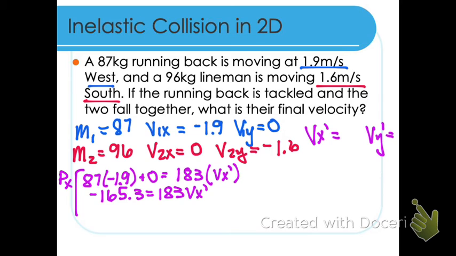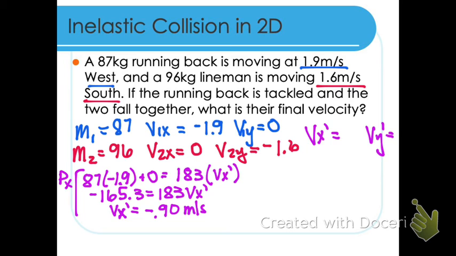Okay, so then I'll divide over my combined mass. Divide over 183, and that gives me vx prime equal to negative 0.90 meters per second. That's for vx prime. Is that about what you guys had for that?